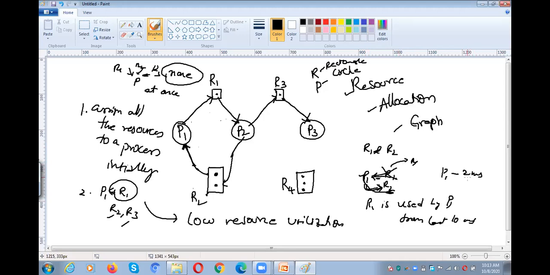Within 2 milliseconds the process is going to complete its execution, and we have been executing that process for the past 10 milliseconds. Because of this, we are not allowing the process to take R2, because it is already holding R1.